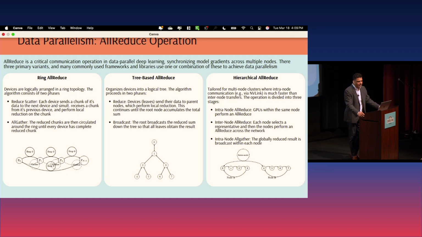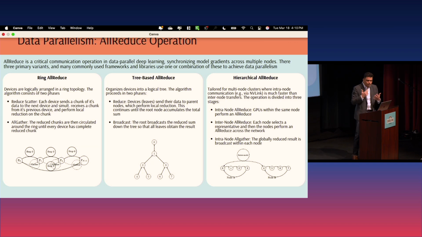The idea here is that each node can have its own individual all-reduce operation, however you want to carry it out. But then you have a representative device across different nodes to communicate these gradients across the nodes, and then for that representative to broadcast the information across all the GPUs in every single node.